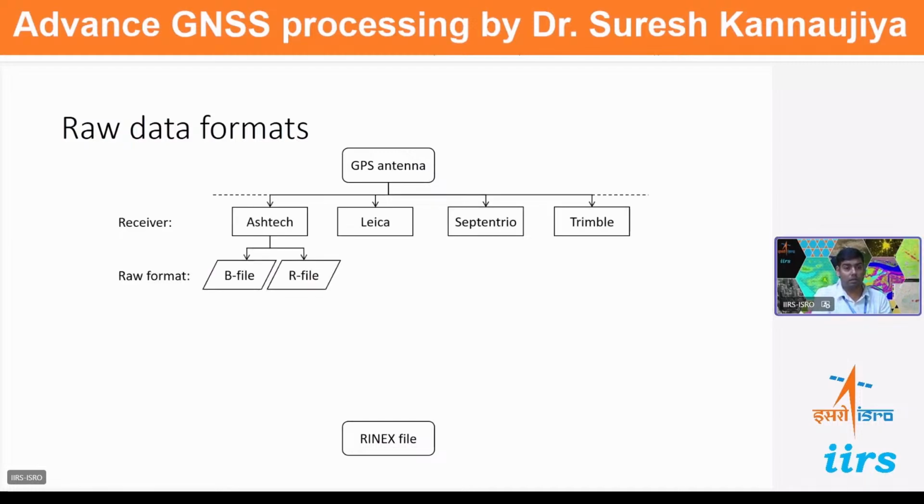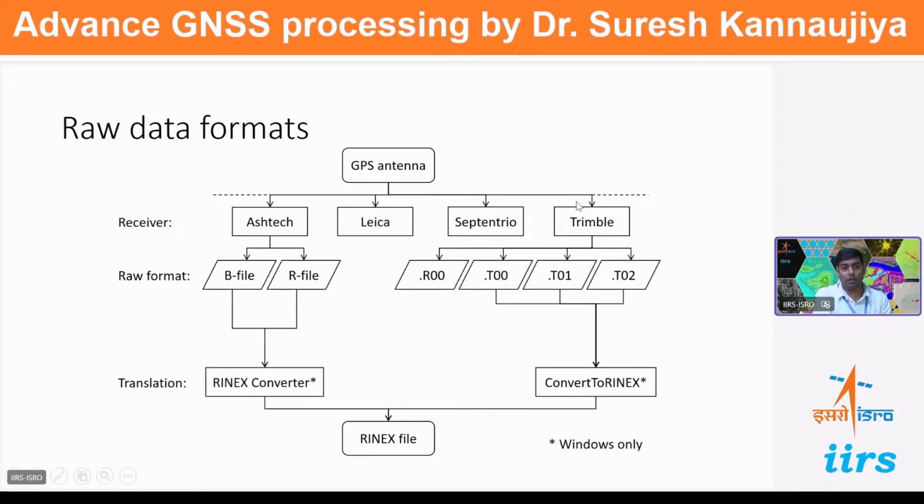So once we get all this done, then what do we have to do? This is the flow chart. This is the antenna, this is the instrument. There are some more instruments nowadays. These OEMs provide the antenna and receiver, and this is the raw data format.